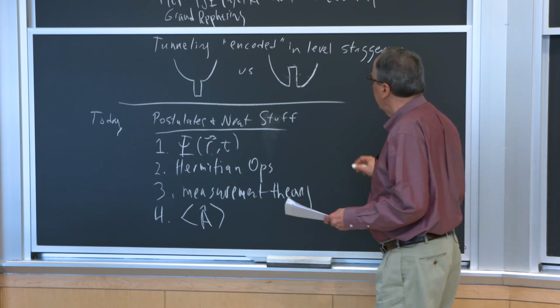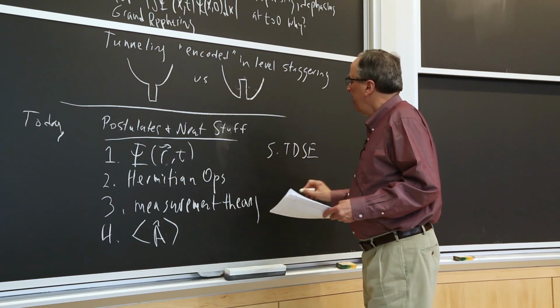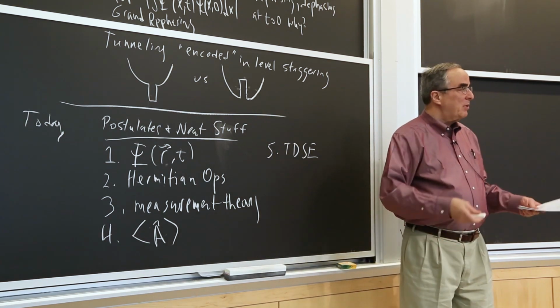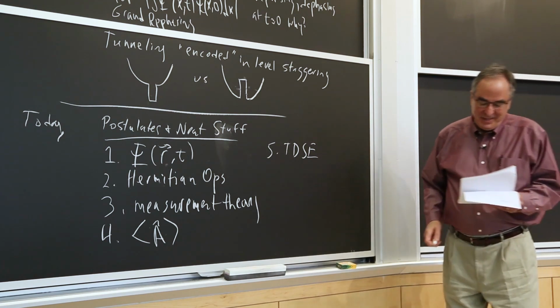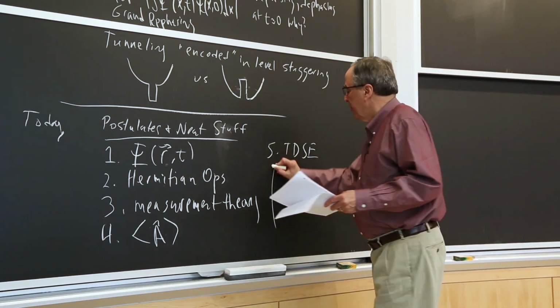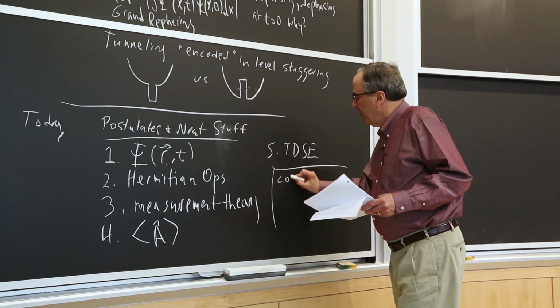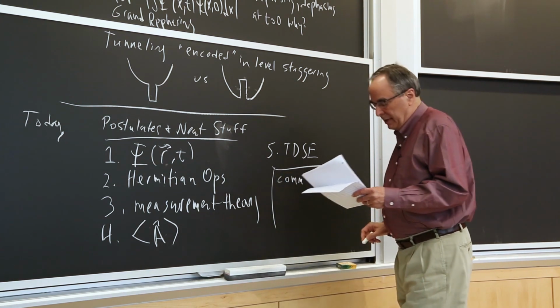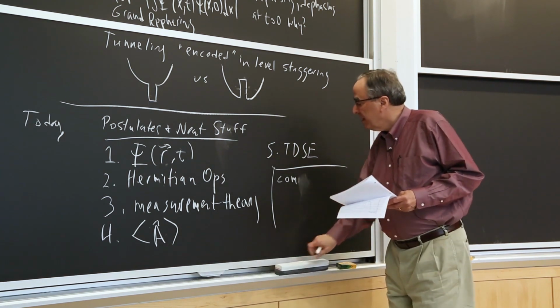Okay, the fifth postulate is the time-dependent Schrödinger equation. And I don't need to talk much about that because it's all the way around us. And then I'm going to talk about some neat stuff where we start using words that are very instructive.